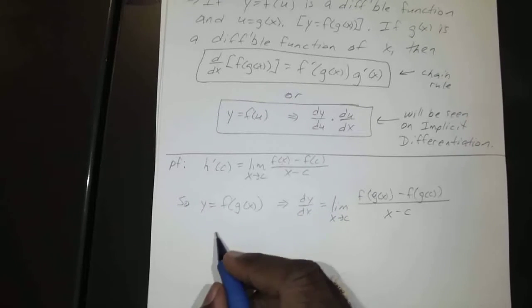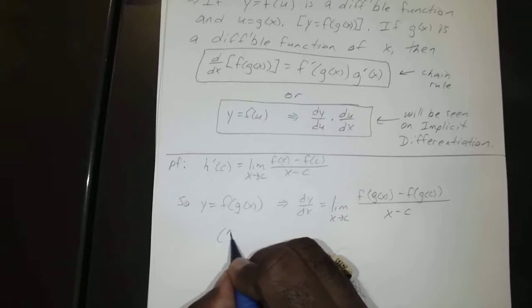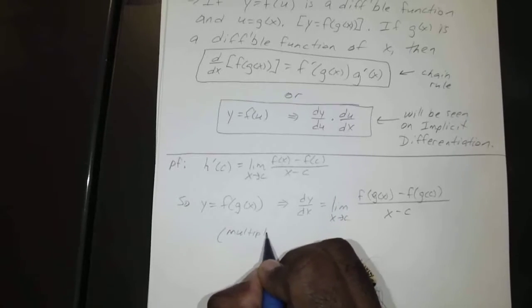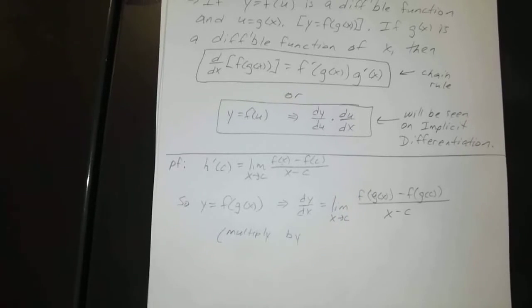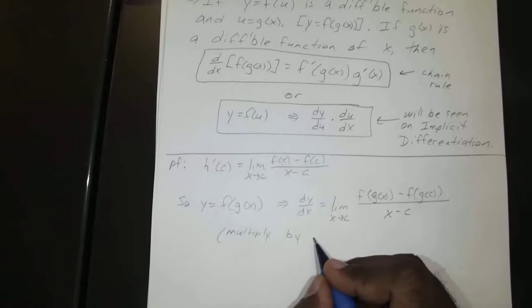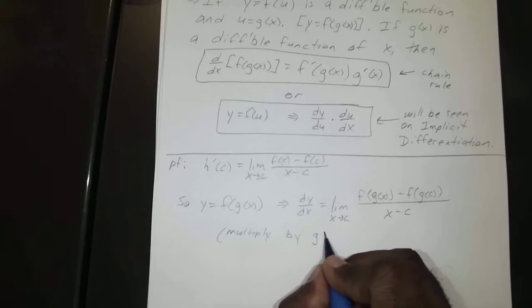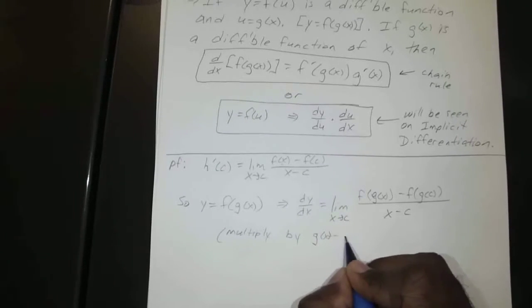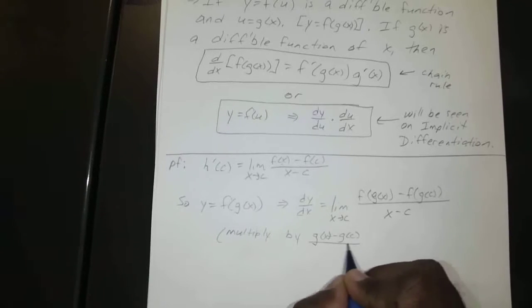Okay. So if we multiply that derivative by g of x minus g of c over g of x minus g of c.